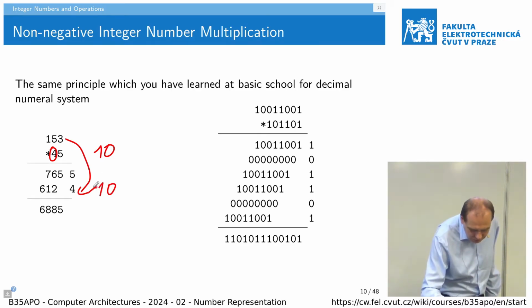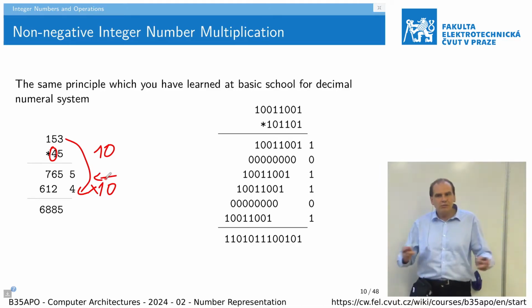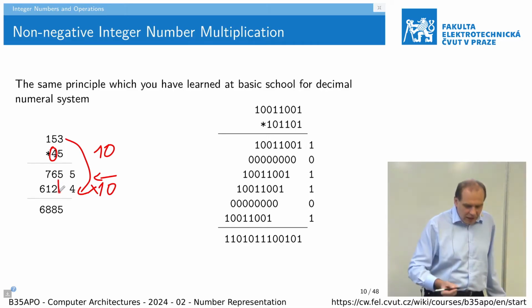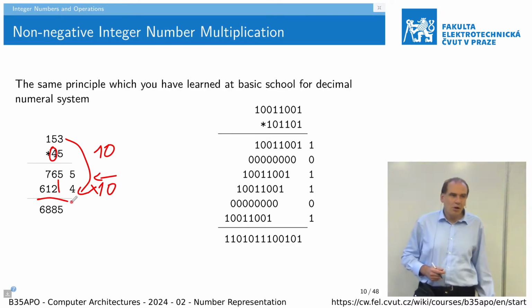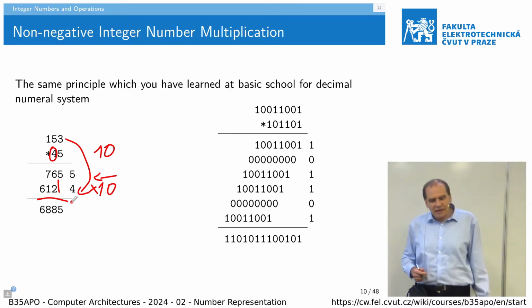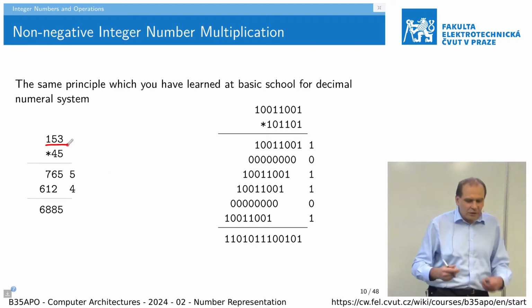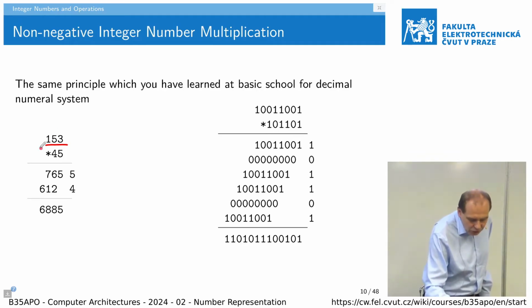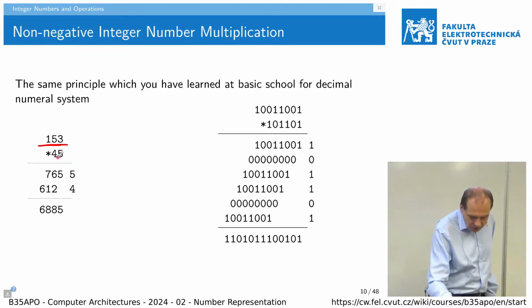But multiplication by 10 is in fact, in the decadic system, a shift one position to the left, so we put it here. And then we need to do the sum, which we have seen is a complex operation, and there is even the problem that we do not need to sum only the size of the initial inputs, but in fact as many digits as is the sum of those two.